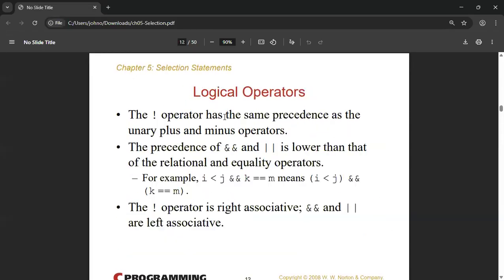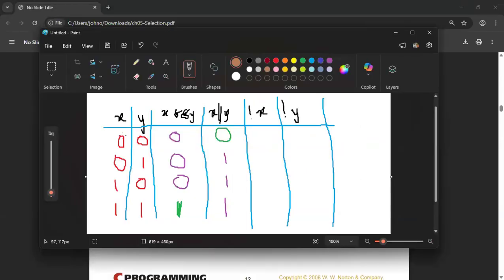Okay, so let's continue with our explanation. Now we are looking at x for not x. X is 0, so the output is going to be 1. X is 1, the output will be 0. X is 1, the output is going to be not 1, which is 0.